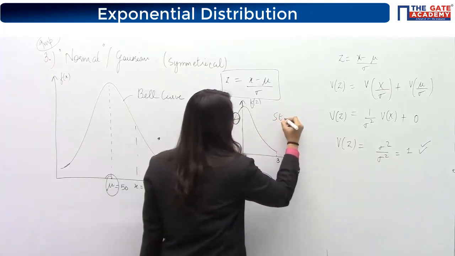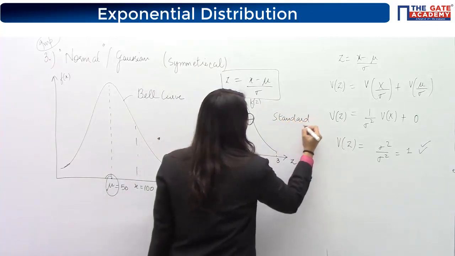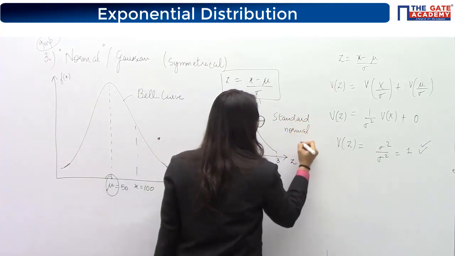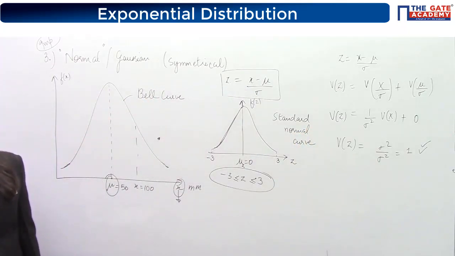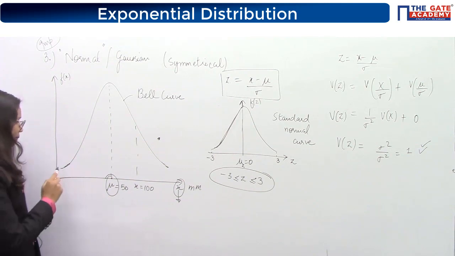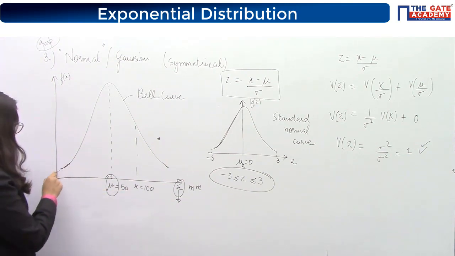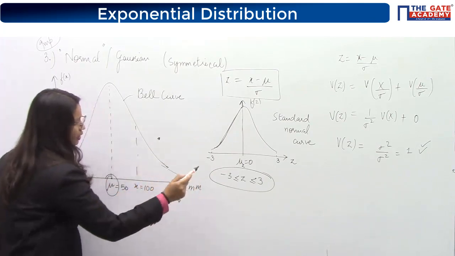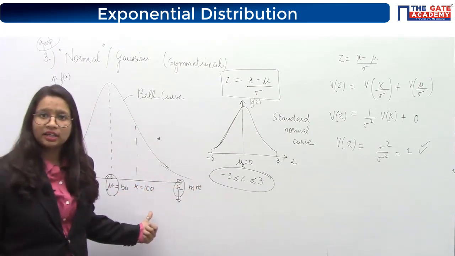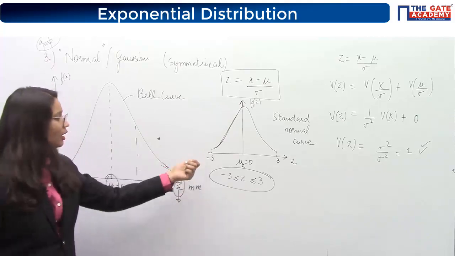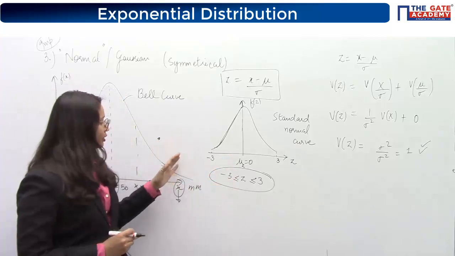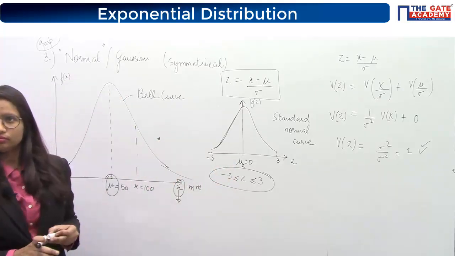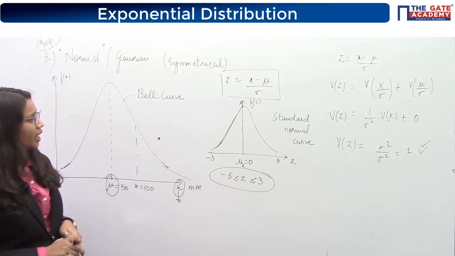This is the standard normal curve. And what are the limits for this x? X is not touching this graph, that means x is varying from negative infinity to positive infinity. The x limits are minus infinity to positive infinity, while z limits are minus 3 to plus 3 only. After that there will be nothing. Now this is your standard normal curve.